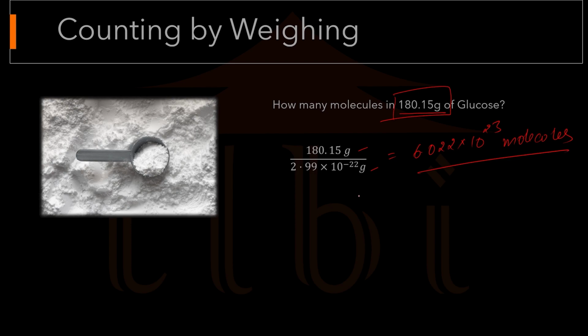Now this fact is a very powerful fact, it has a very powerful application, right? If you take the same numerical value, suppose the glucose molecular weight was 180.15 AMU, if you take the same numerical value, that is 180.15, but in grams of glucose, then it will have 6.022 into 10 to the power 23 molecules.